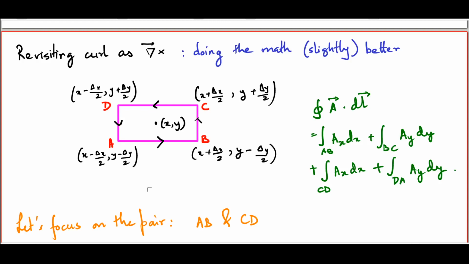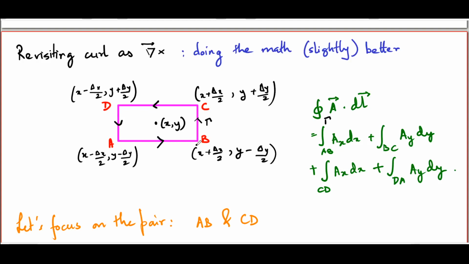So what we did was to take a loop A, B, C, D, A with coordinates for A, B, C and D as shown in this figure and calculated the circulation in this loop. Of course, that was the circulation ∮ A·dl over this loop gamma, which was a sum of 4 terms.